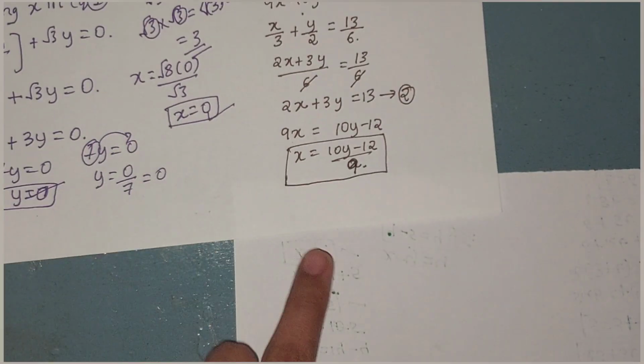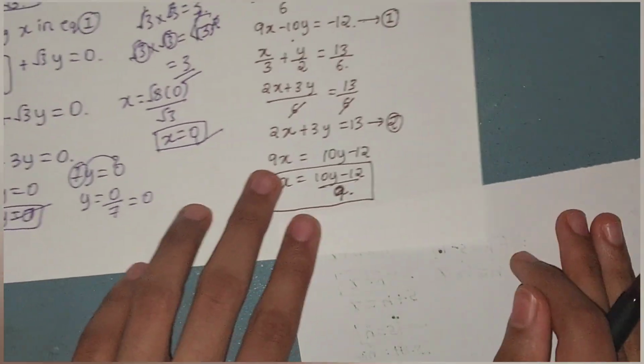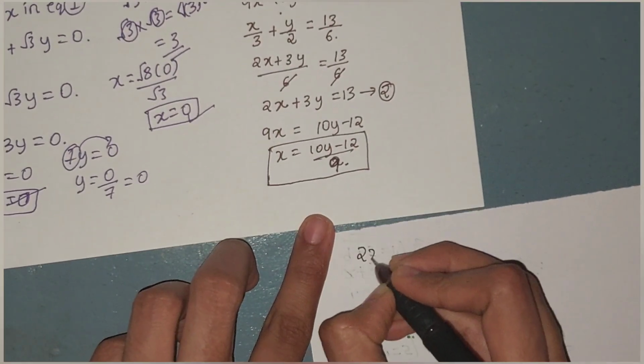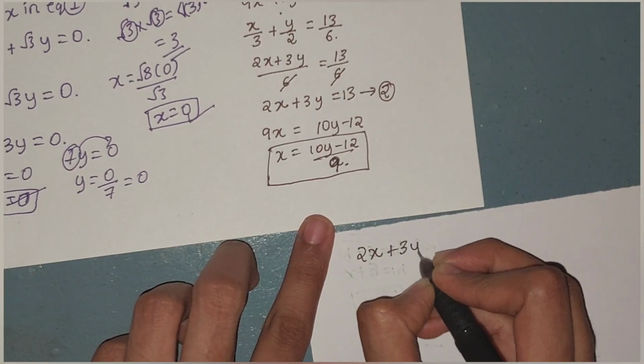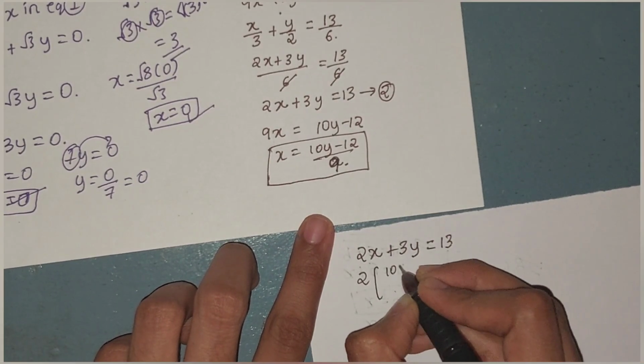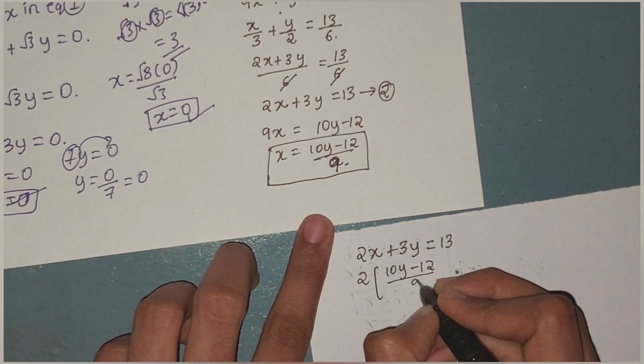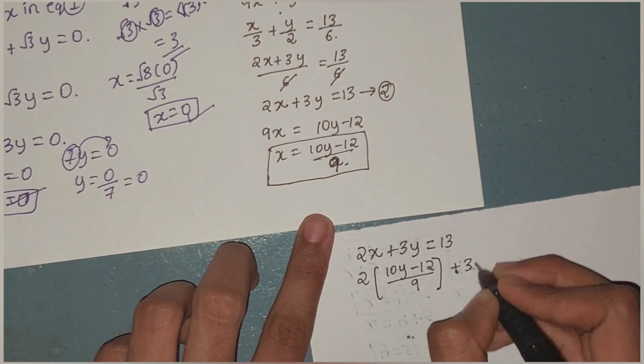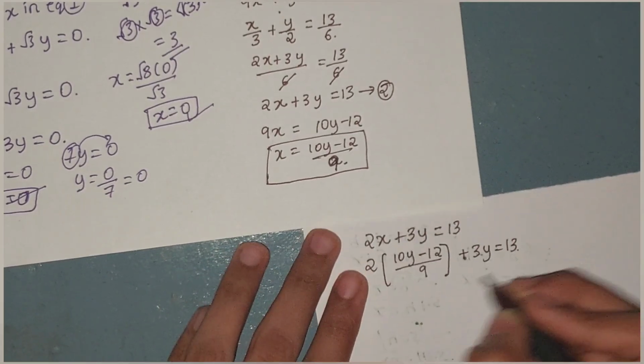See what I have here. Take the second equation: 2x plus 3y is equal to 13. 2 into 10y minus 12 by 9 plus 3y is equal to 13.